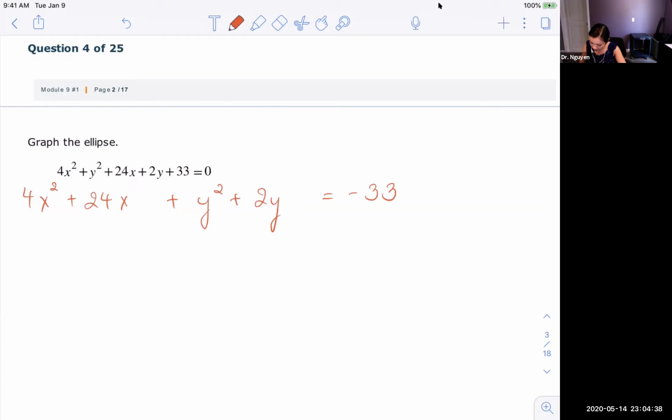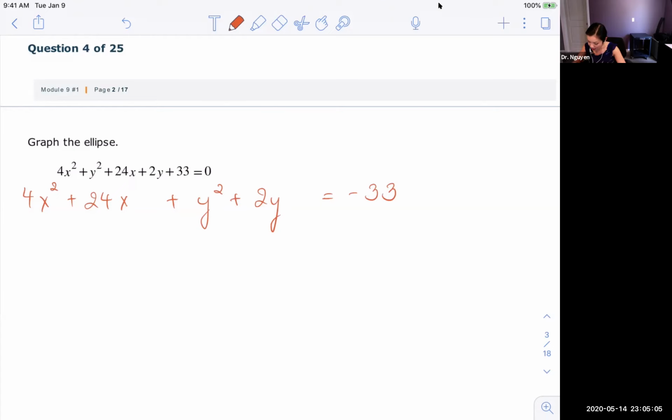So I'm going to divide by 4. Divide everything by 4. So now what we have is x plus 3 squared over 1, y plus 1 squared over 2, equals 1. So now we know the center is negative 3, negative 1.